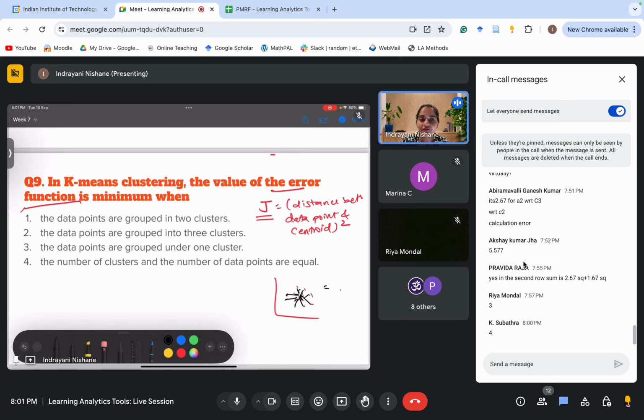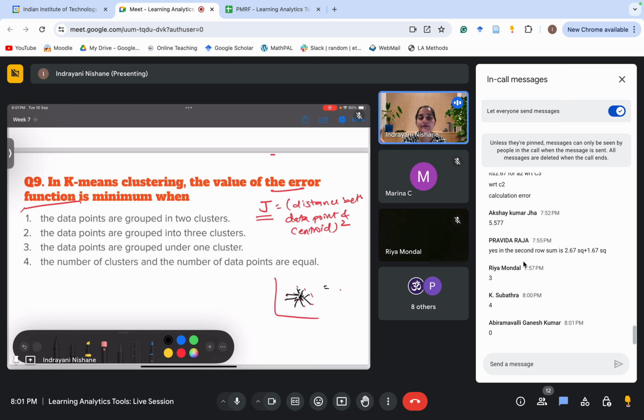So what will be the difference between the centroid and the data point? In such cases it will be 0 because they are one and the same. So it will be minimum, right? So option 4 is always correct. When the number of clusters and the number of data points are equal, or each data point is considered a separate cluster, the error function will be minimum. So the correct answer is option 4.